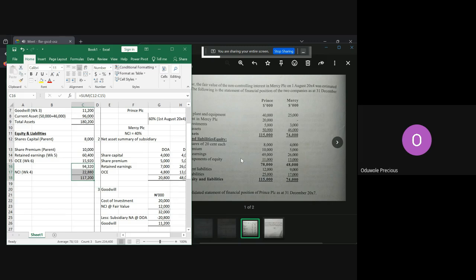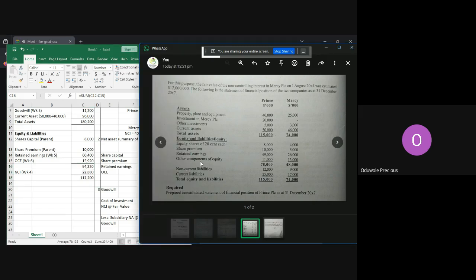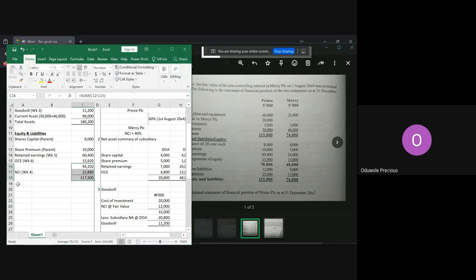Then what next do we have there? Non-current liabilities and current liabilities.